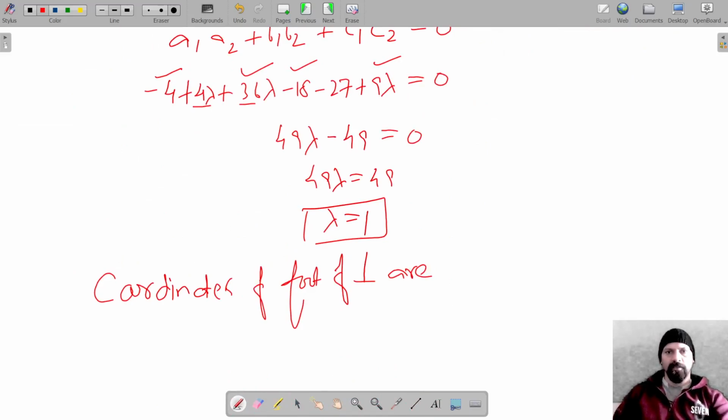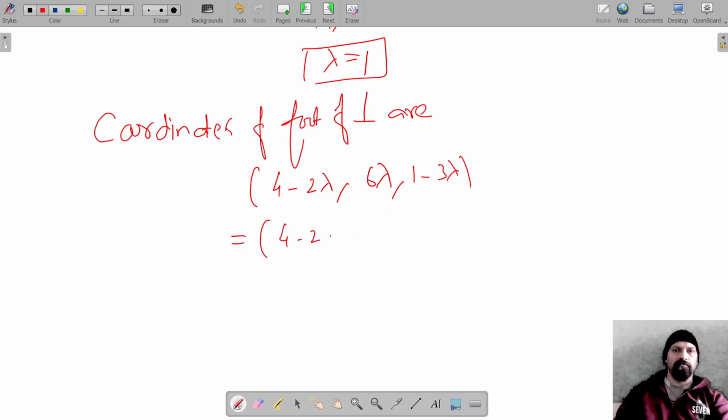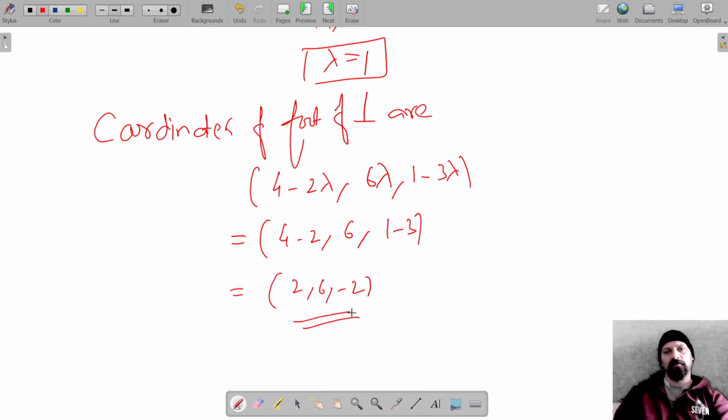These were 4 minus 2 lambda, comma, 6 lambda, and 1 minus 3 lambda. Putting in lambda equal to 1, we get 4 minus 2, 6, and 1 minus 3, which gives me 2, 6, and negative 2. So 2, 6, and negative 2 are the coordinates of the foot of the perpendicular.